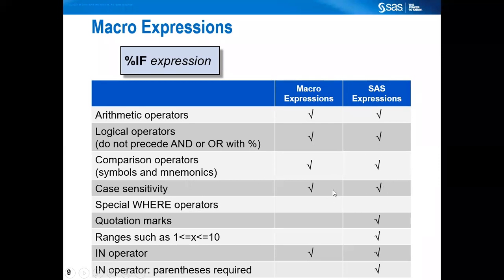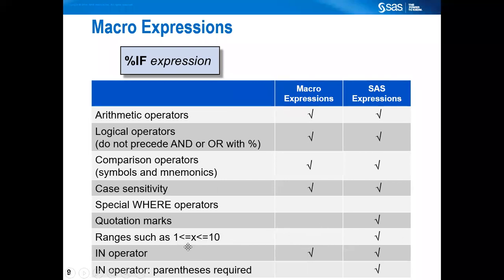Special where operators you cannot use in macro expressions. With macros, there are no quotation marks when we write percent if expression, whereas with a SAS expression, character values have to be put in quotes. Ranges such as 1 less than or equal to a specific value, which is again less than or equal to 10, you cannot use in macros, but you can use in SAS expressions.